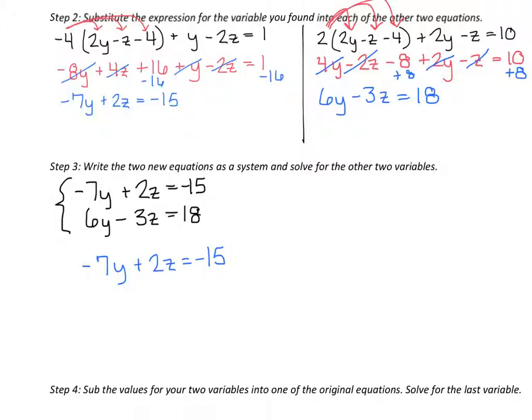If I'm solving for y, what's the first thing I should move? The z. I'm going to subtract 2z to the other side. So negative 7y equals negative 2z minus 15. Then what? We're going to divide by negative 7.